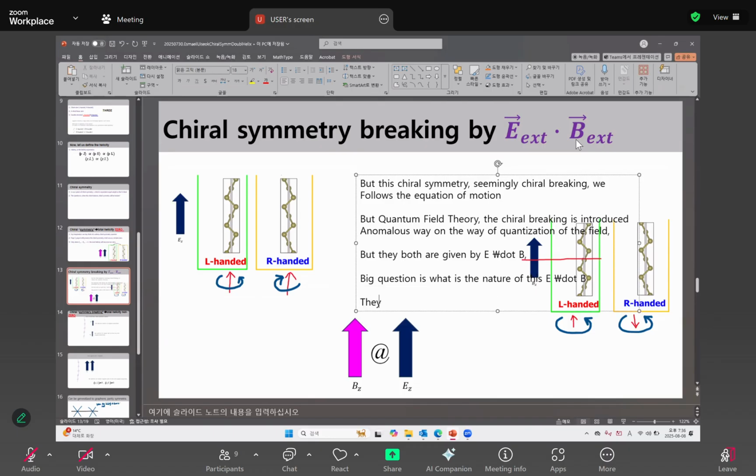They play the very same role in condensed matter and in high energy neutrino physics.